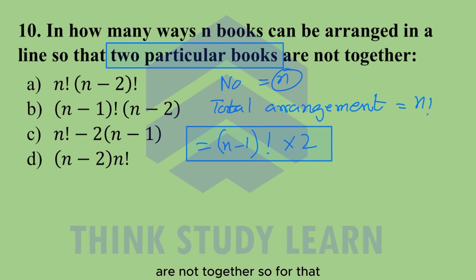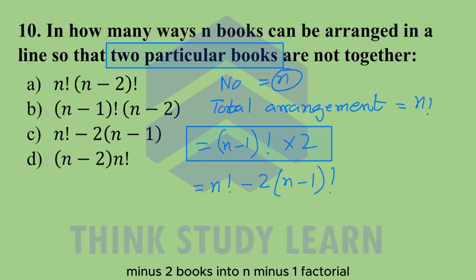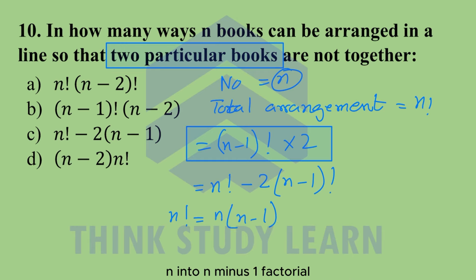So for that, the arrangements will be n factorial minus 2 into (n minus 1) factorial. We know that n factorial can be written as n into (n minus 1) factorial.